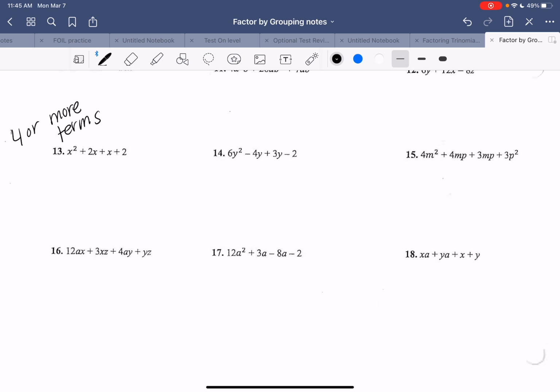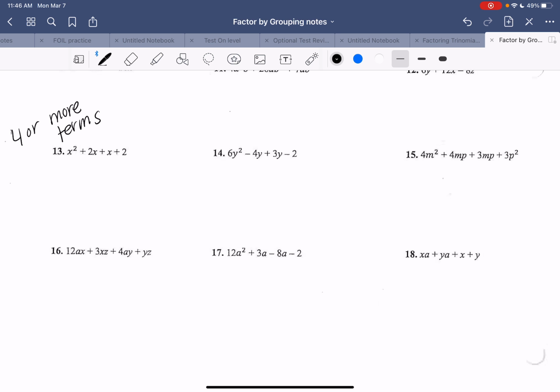So we're going to be able to factor by grouping. So if you first looked at these, I know some of my other classes said that they would have just written prime. They would have said these are not factorable. There's no common factor that I can pull out. There's nothing that I can multiply to get the 3rd term and then add to get the 2nd term. But that's where factoring by grouping comes in handy.